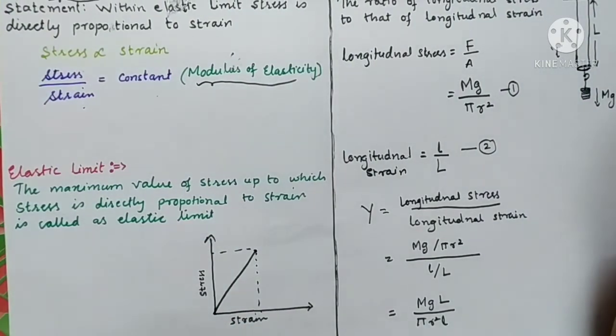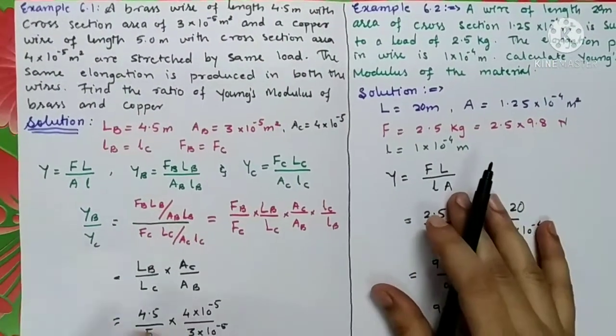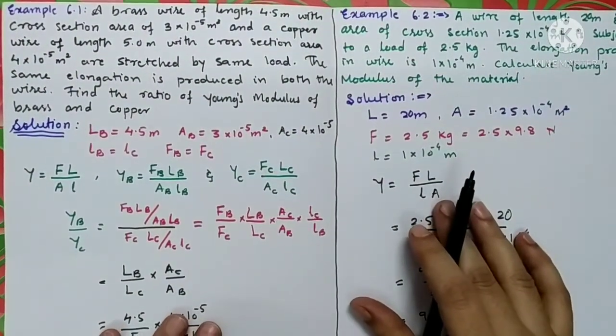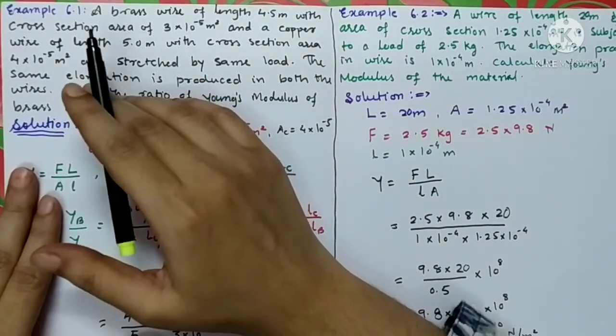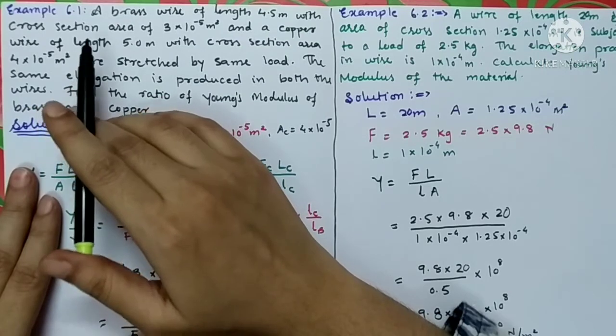Now let us quickly solve two examples from your textbook based on the Young's modulus. Very simple one. Example number 6.1. See the statement and try to point out the given things from the statement.